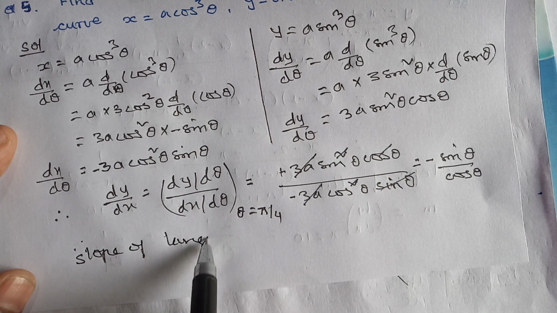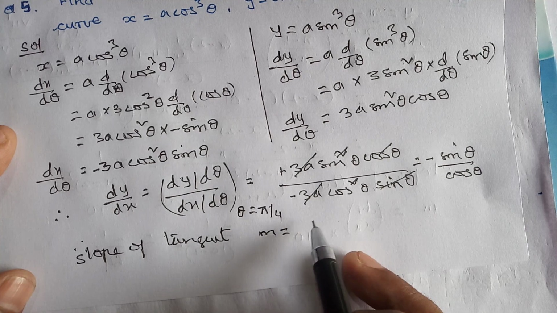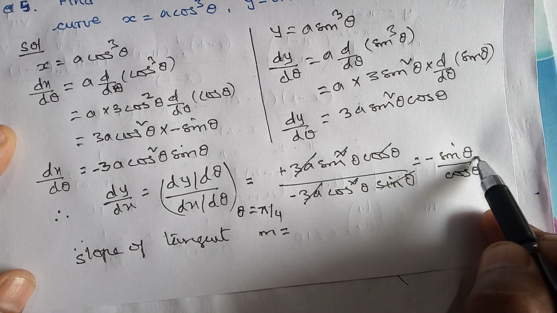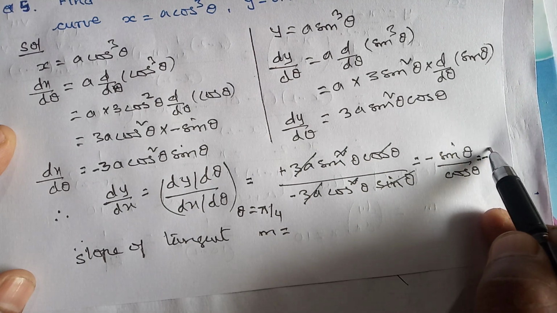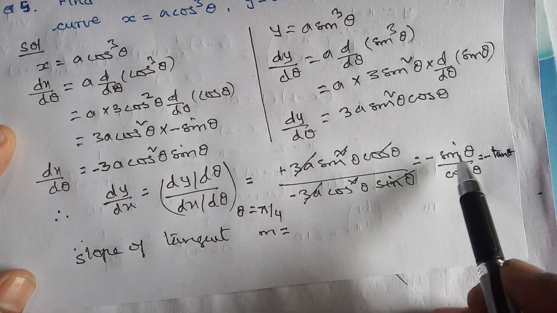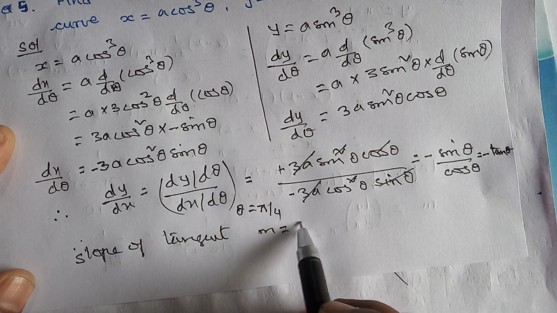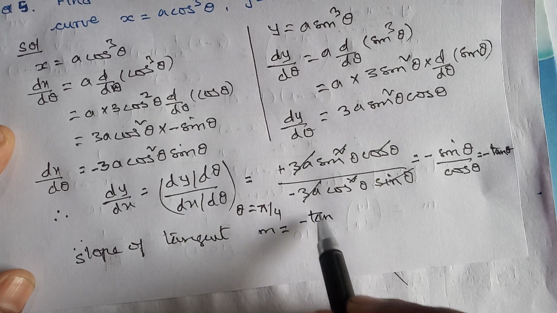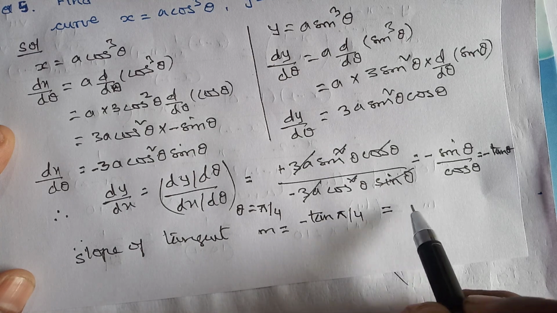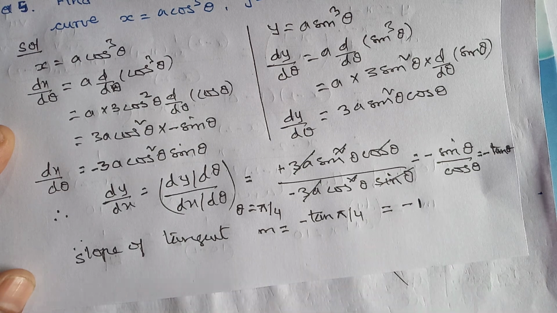Slope of tangent, m equals dy by dx, which becomes minus tan theta, because sin by cos is tan theta. So minus tan theta at pi by 4. The value of tan pi by 4 is 1, and the minus is already there, so it is minus 1.